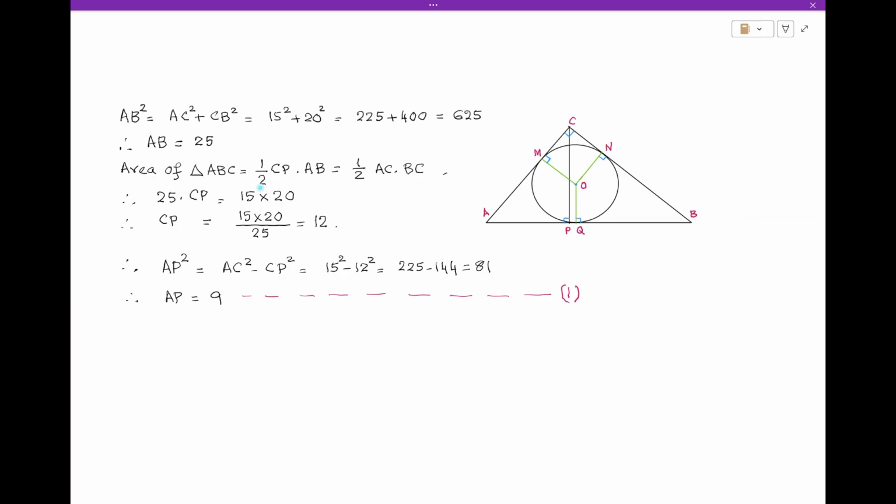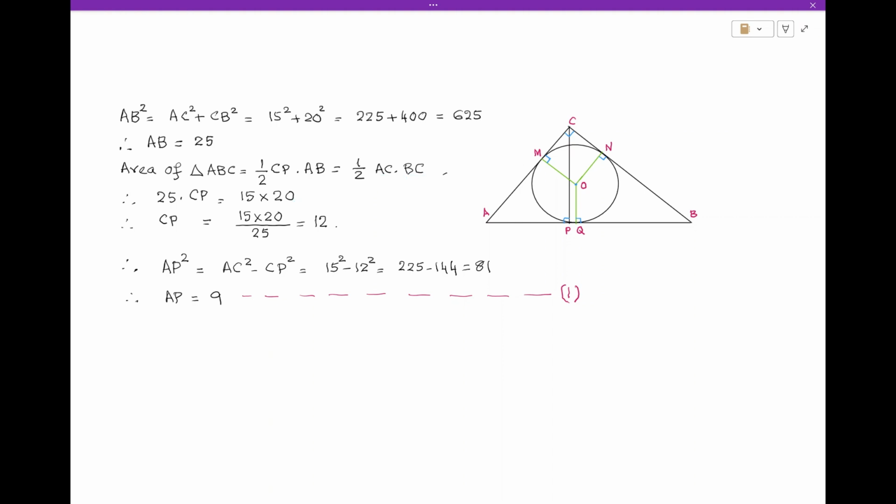So, half CP times AB equals half AC times BC. We know AB is 25, and AC and BC are 15 and 20.